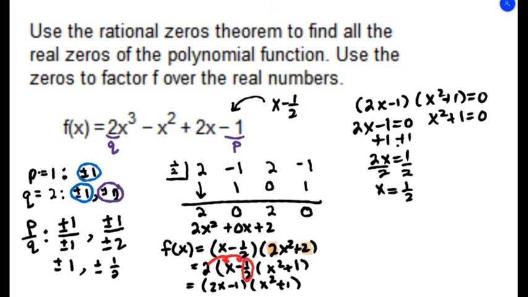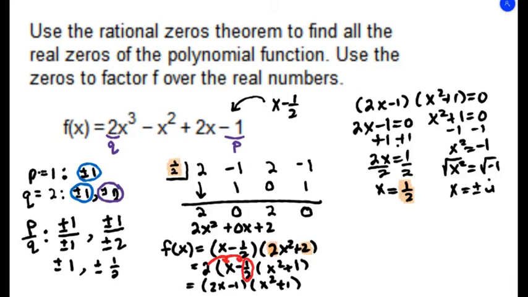With the other factor, I subtract 1 on both sides. That gives x squared equals -1. Take the square root of both sides, and that gives x equals plus or minus i. So we do have one real zero of 1/2. This is the one we identified earlier.